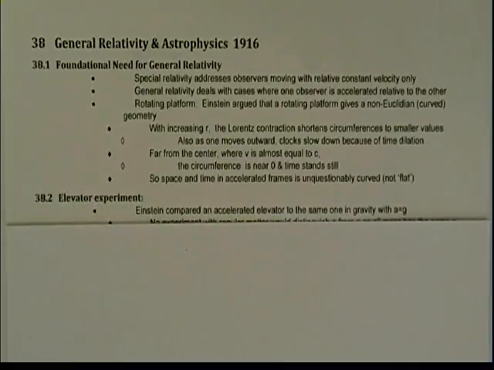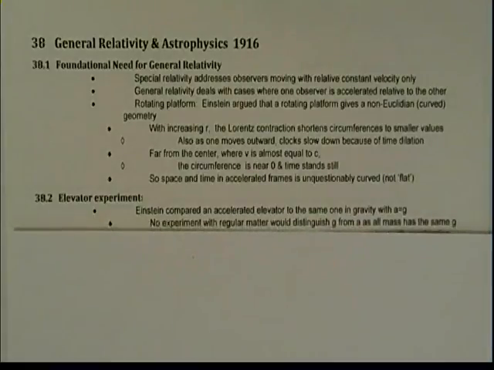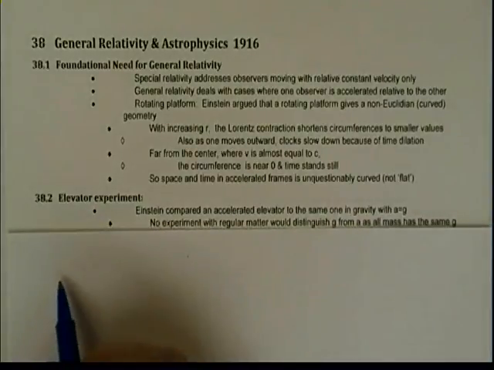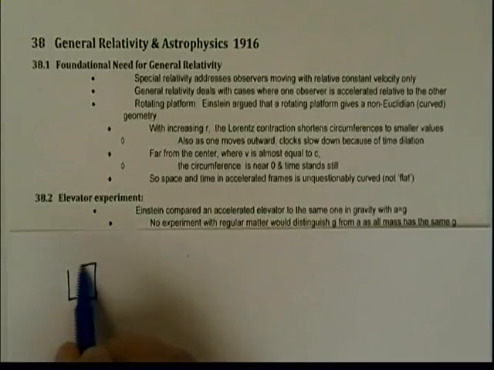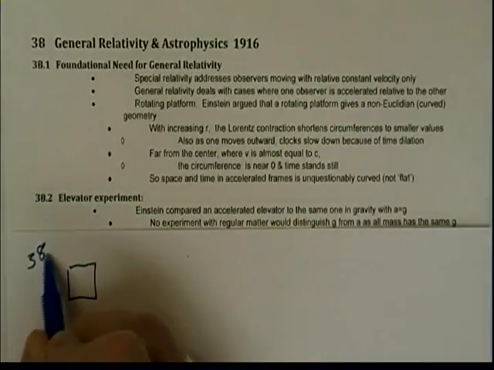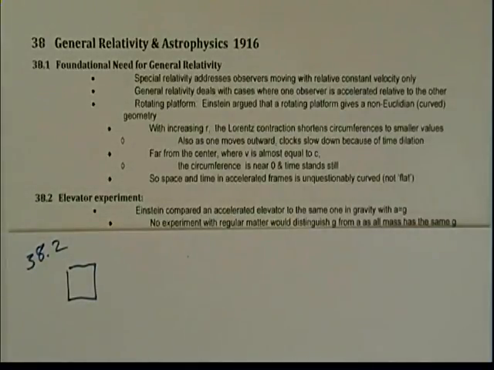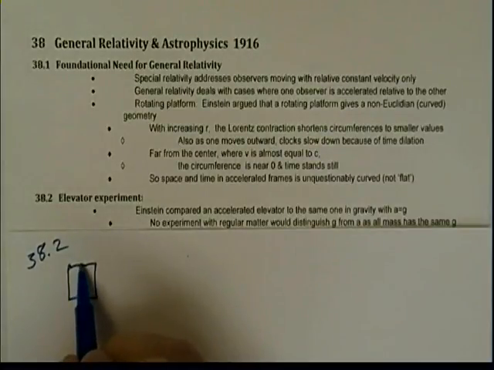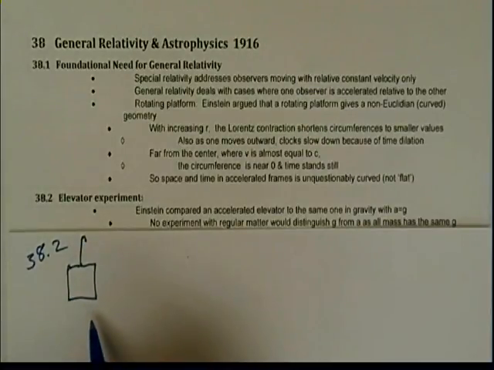Well, Einstein compared an accelerated elevator to the same one in a gravitational field. Let's imagine we have an elevator here, section 38.2. This elevator has a hook on the top, and we can think of this elevator in two situations.